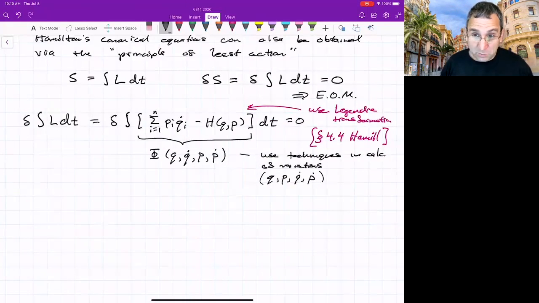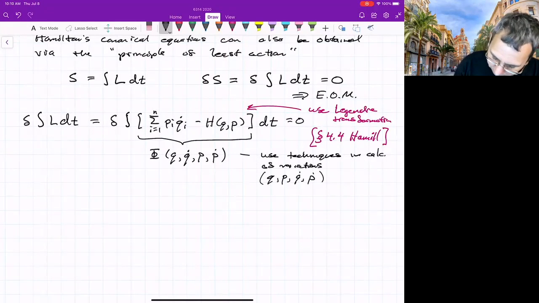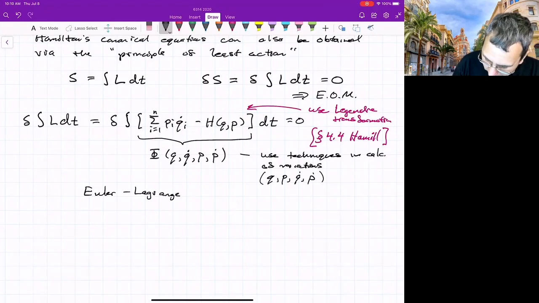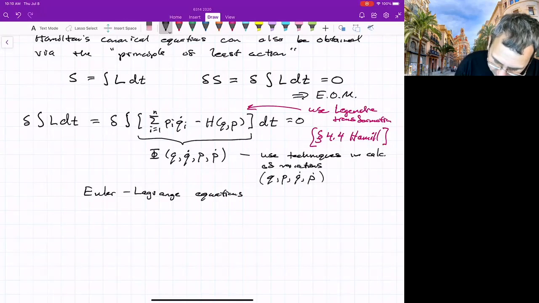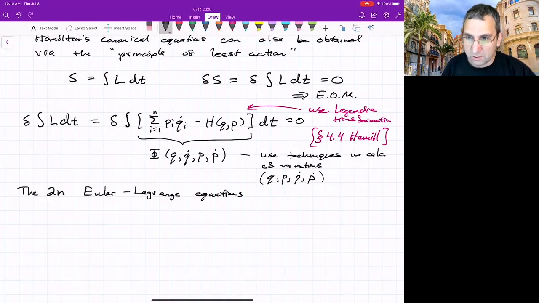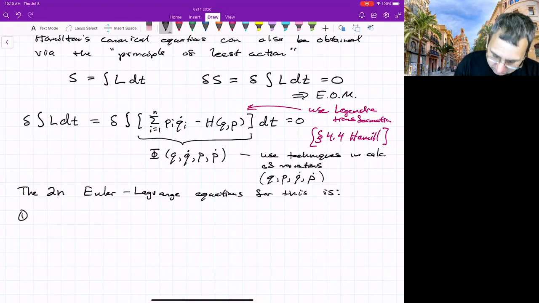So from what we had before, this would have Euler-Lagrange equations. How many of them? There are 2n, where n is the number of degrees of freedom. I'll break it up into two parts: first the q's and then the p's.